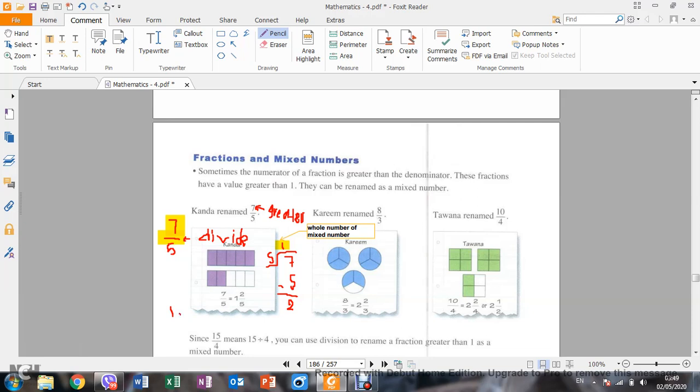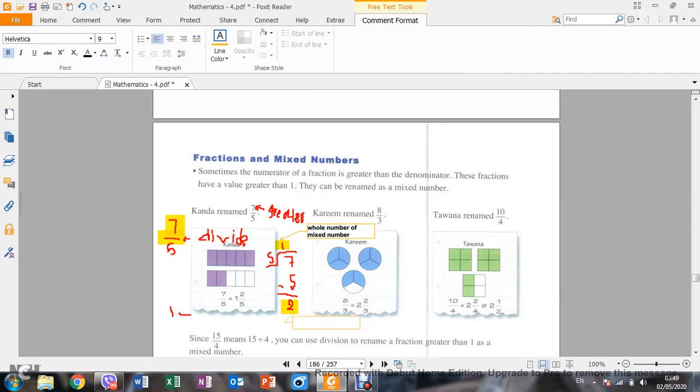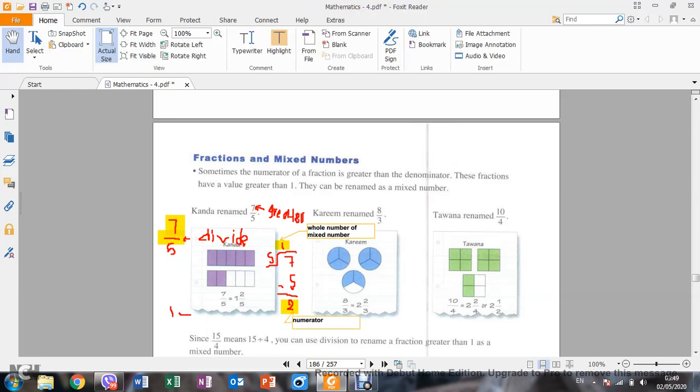I'll draw this line directly. Look, our remainder is the numerator.